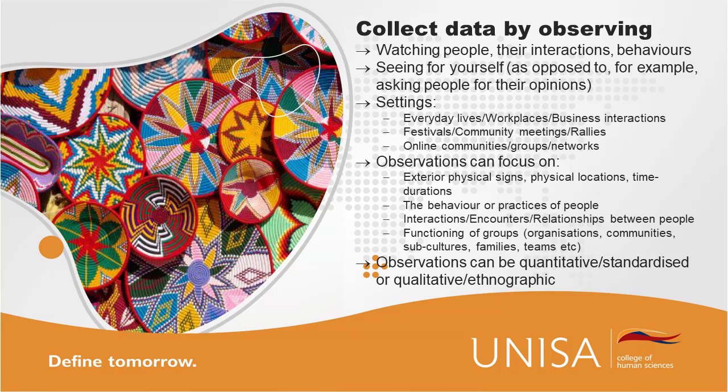Observing basically is about seeing something for yourself, seeing what people actually do, how they actually act, what they actually say, and so on. And it's specifically suitable for specific types of research inquiries.